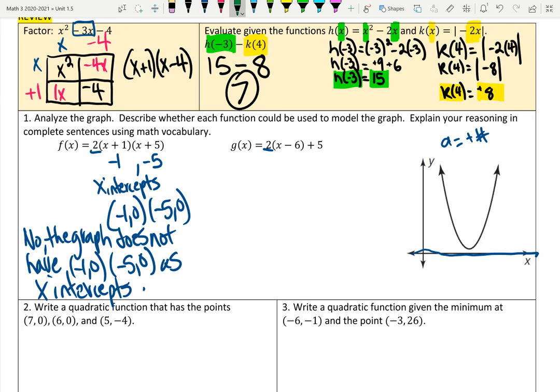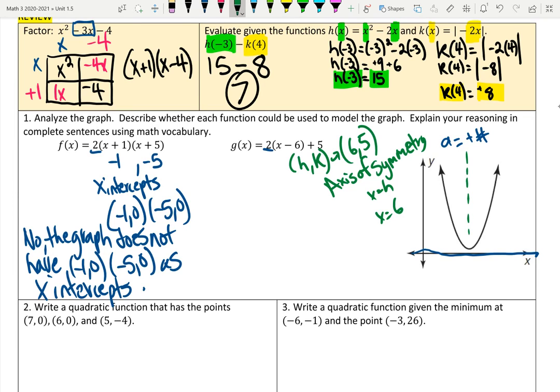What is this form? Vertex form. So it's going to tell me that my vertex is (h, k), which is (6, 5). It also tells me that the axis of symmetry is x equals h, which means x is 6. And it basically means as x equals 6, is there a line that cuts it in half?